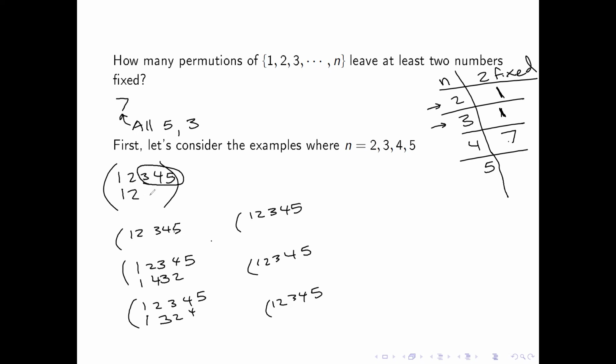So 3 can't go to 3. So it's got 2 options. It can go to 4 or it can go to 5. And if it goes to 4, then the 4 has to go to 5 and the 5 has to go to 3 because we don't want the 5 going to 5. Similarly here, the 3 went to a 5, so the 4 has to go to a 3, and the 5 has to go to a 4 to prevent them from going back to the same spot.